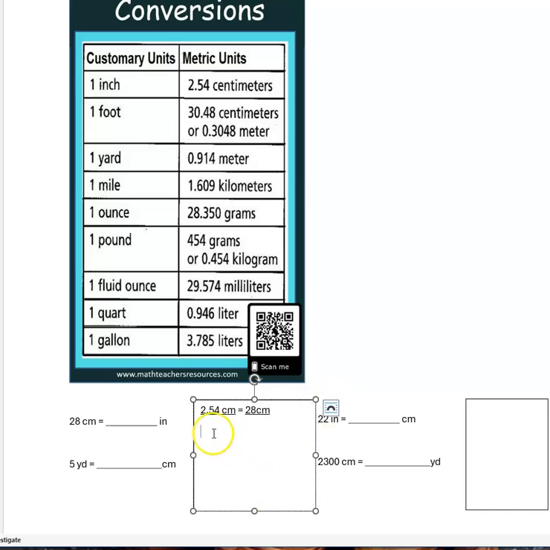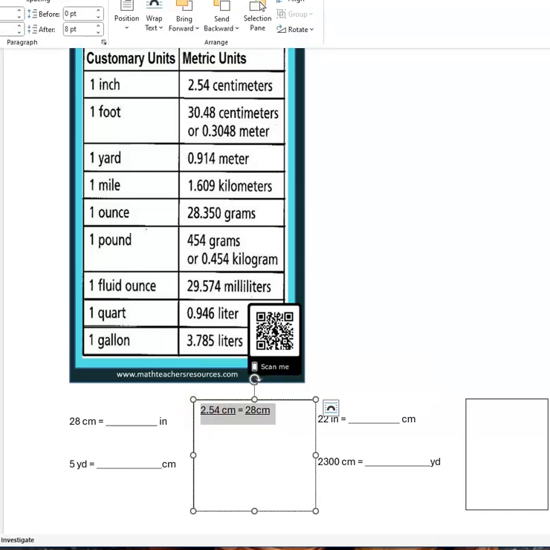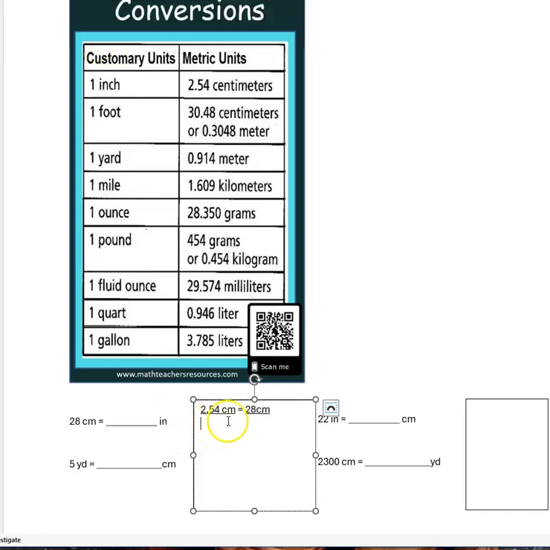Okay, now I'm going to continue making my fraction. I just need to do something to make the bottom number go up there a little bit. So I have 2.5 centimeters to 1 inch equals 28 centimeters to X inches, which I don't know.